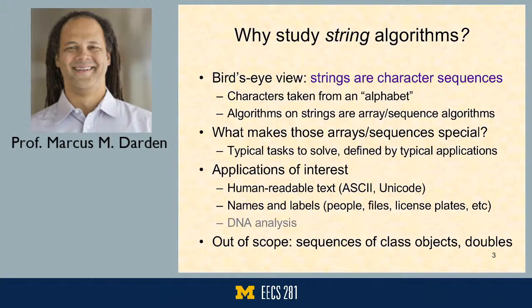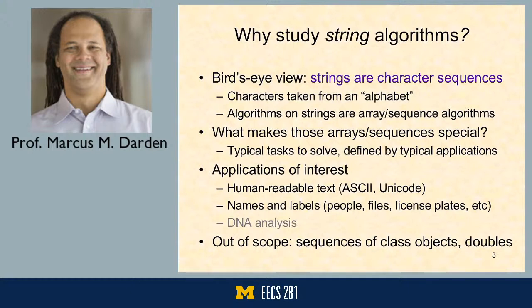So we think of our string as this collection of characters. The characters are chosen from some set of legal characters, and then in reality, all my string algorithms are just array algorithms. They're just algorithms that work on a sequence of things that are stored contiguously, in the case of strings. So an array of characters is still the underlying data structure, even in a C++ STL string.